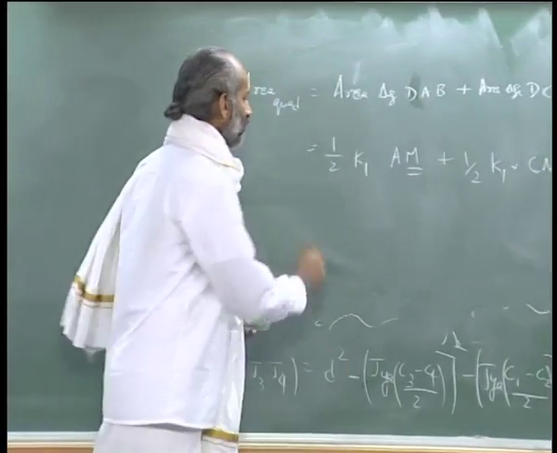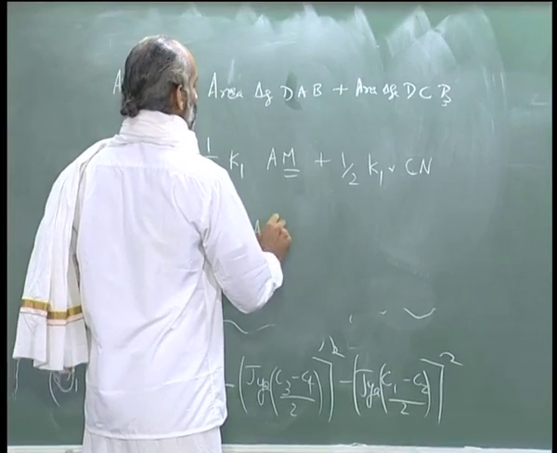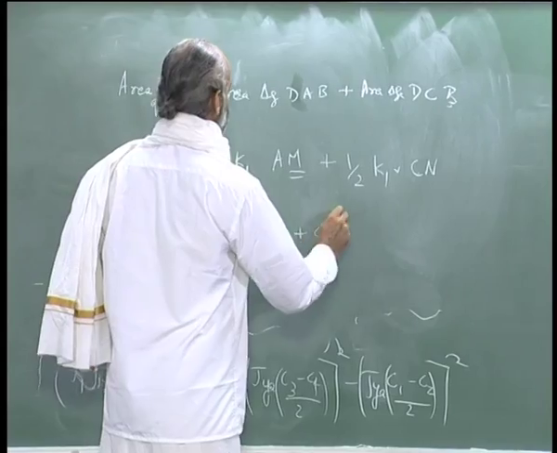So, this is what we have. So, this is half of K1 into AM plus CN.